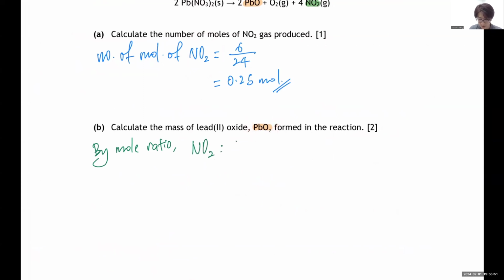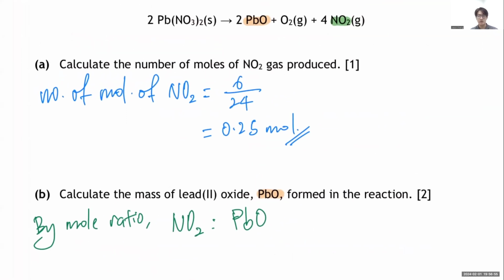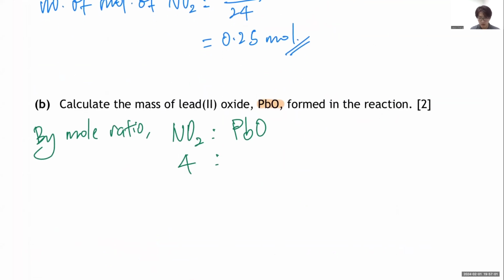I want to find PbO. Looking at my equation, what's my ratio? Okay, 4:2. Simplify it, 2:1. Hence, the number of moles of PbO.